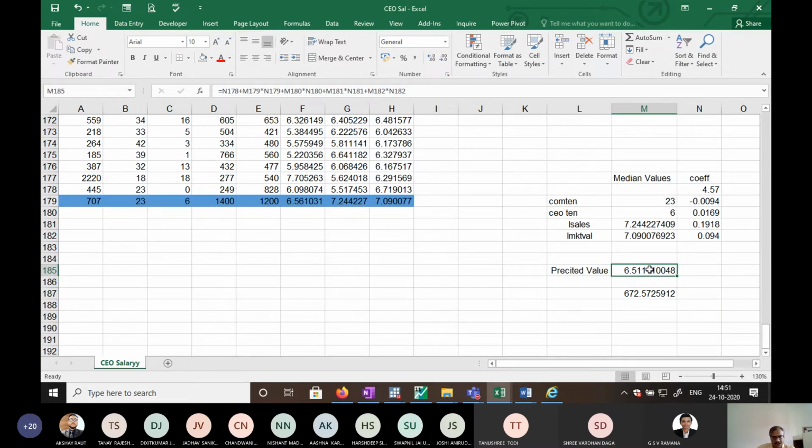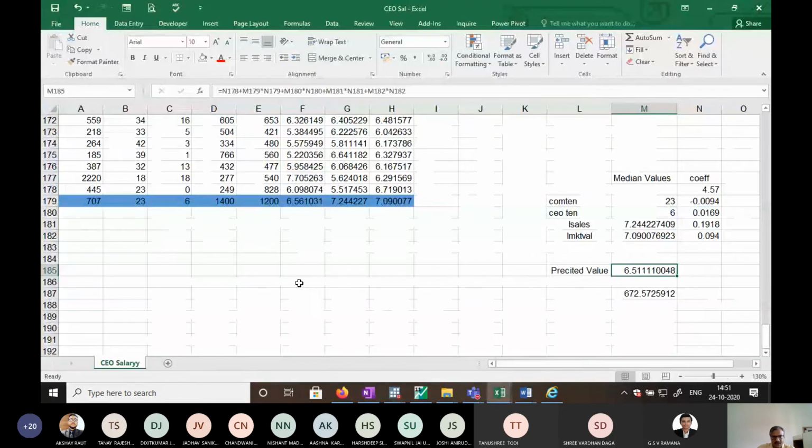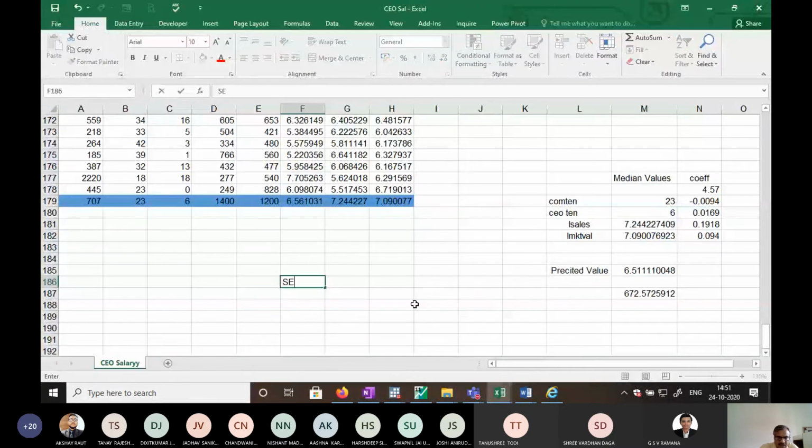Eventually I'll be calculating both lower and upper range, the lower bound and upper bound, by multiplying the SE. If you look, the SE in this case is 0.4949. And if I calculate the T value as I did yesterday, I have to calculate the T value.